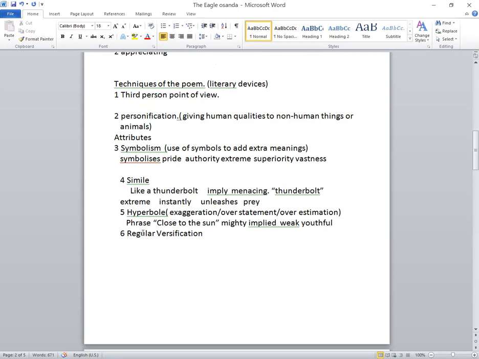Sixth one, regular versification. Right. Versification means writing stanzas or writing poems. Regular means there is some rhythm, systematic. Regular means systematic, methodical.